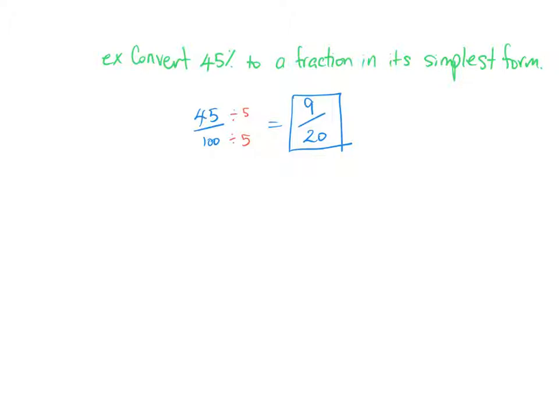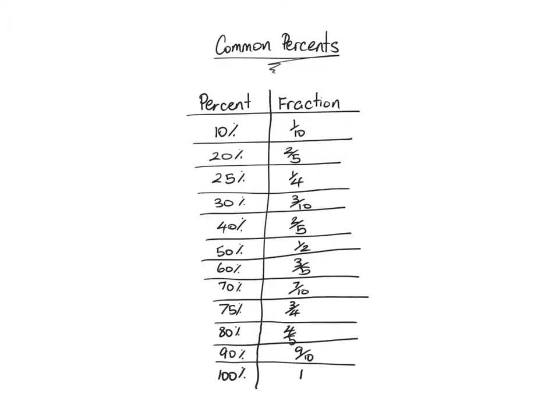All right, so now that we understand how to take a percent and convert it to a fraction, I want us to look at really briefly some common conversions that happen, conversions that we don't want to have to do over and over because they are so frequent. Here are some very common percents that show up all the time.